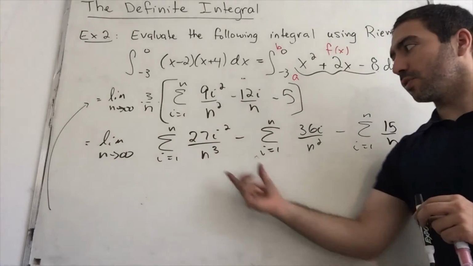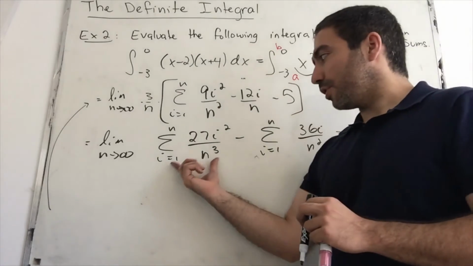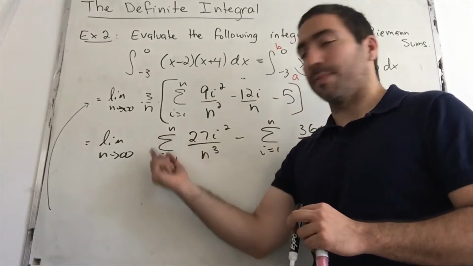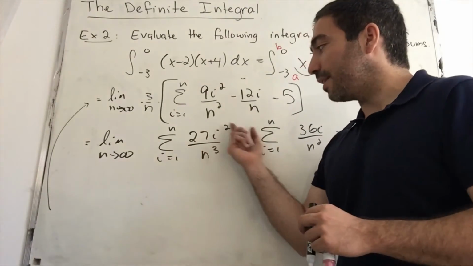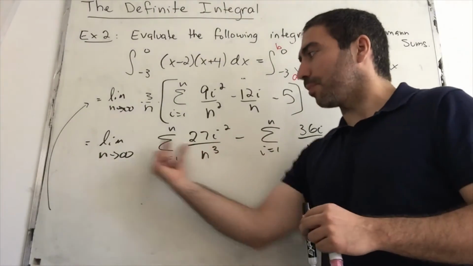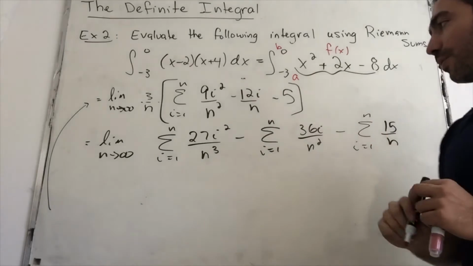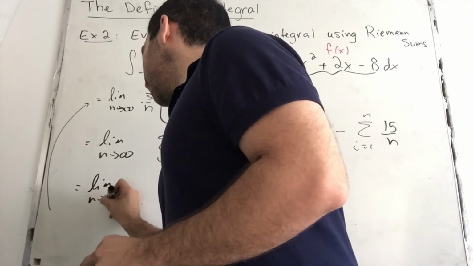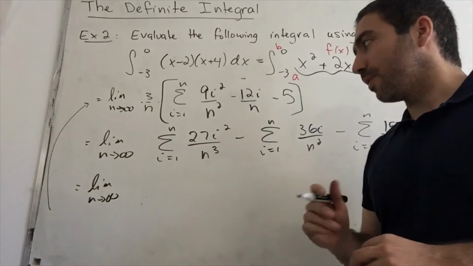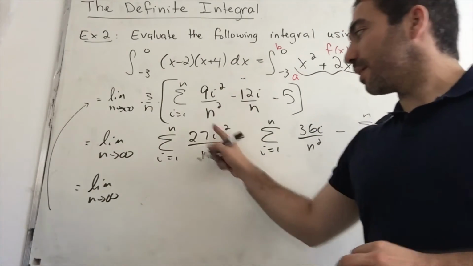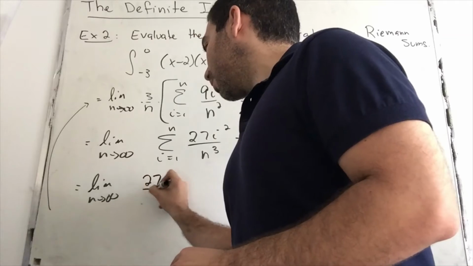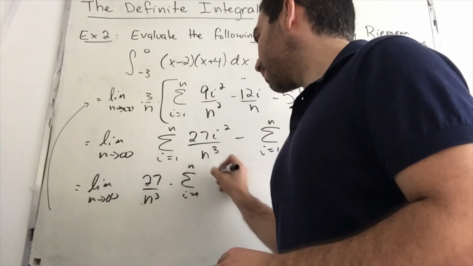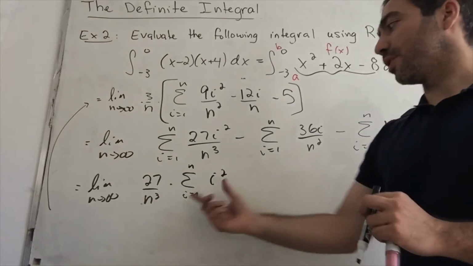Okay. So again, at this stage here, we deal with each summation individually, and all we care about for the summations are all the terms that have i's in it. Anything that doesn't have an i, we treat it like a constant and pull it out. So we'll pull them out for all the terms, giving us limit as n goes to infinity. So make sure you keep writing your limit in the front, that's super important. Factor out the 27 over n cubed on the first term, or the first sum, leaving us with the sum of i squared.